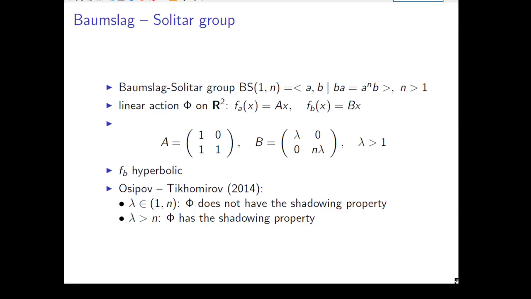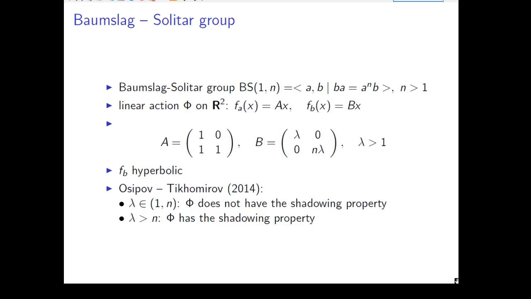In algebra, there is a very good source of counterexamples. They are called Baumslag-Solitar groups. These are groups with two generators and one relation. If n equals 1, of course, you get an abelian group.